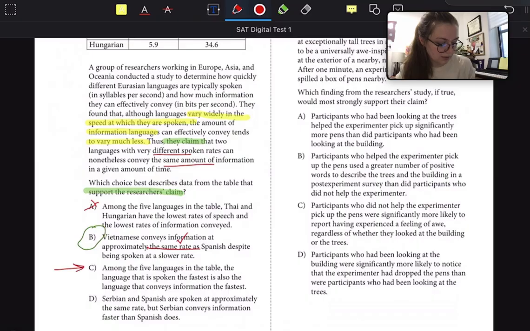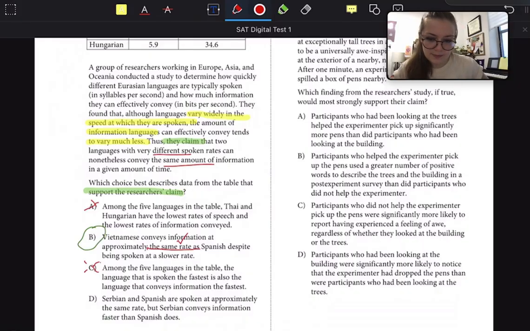So actually, even if this ended up being correct, it would be counter to what the researchers are trying to prove, right? This is implying that the rate of speech is equal to the amount of information conveyed, which is completely the opposite of what they're trying to say. So this one we can rule out because it's not relevant. It actually doesn't support the claim.